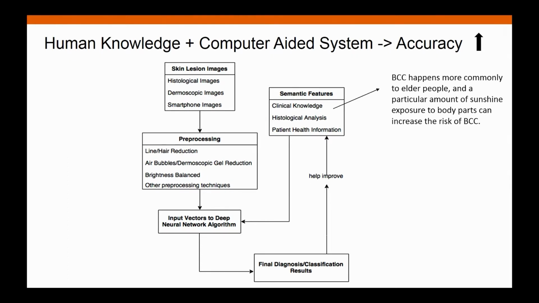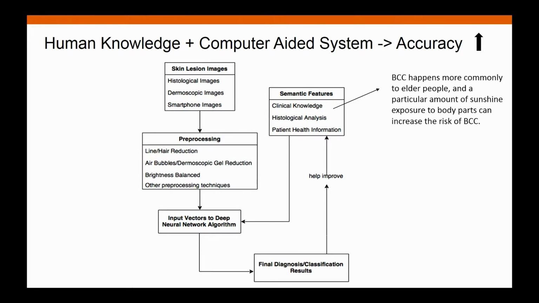First, we are going to expand the type of our images, not only limited to dermoscopic images, but also histological images and smartphone images, so patients can use them at home. Also, the pre-processing techniques based on our error analytics we did before.